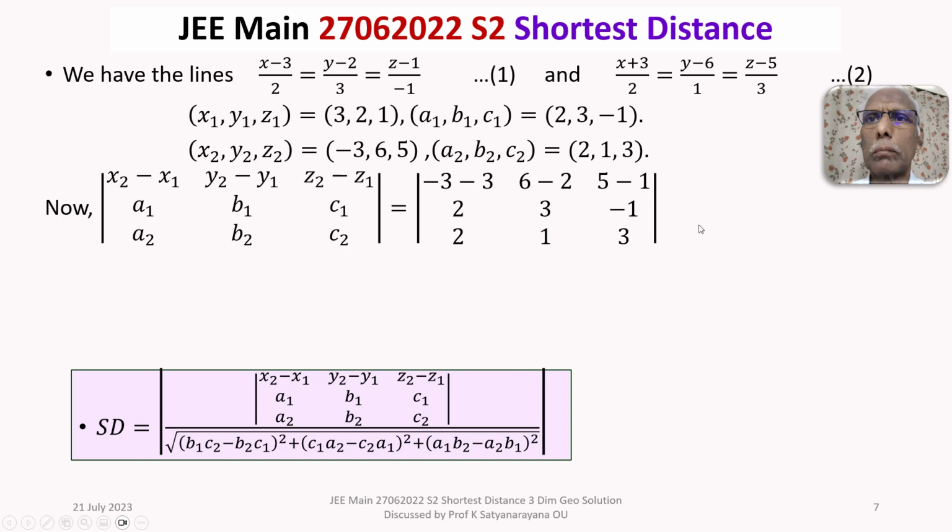Simplifying, this is equal to the 3 by 3 determinant with first row minus 6, 4, 4, and the second and third rows remain the same.